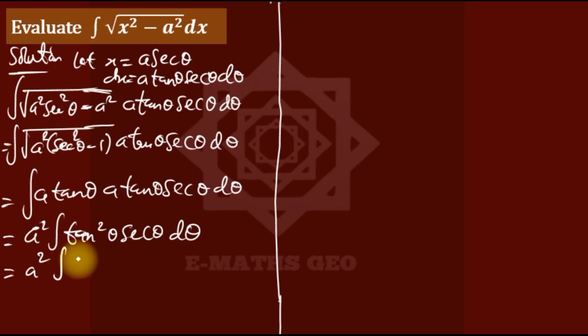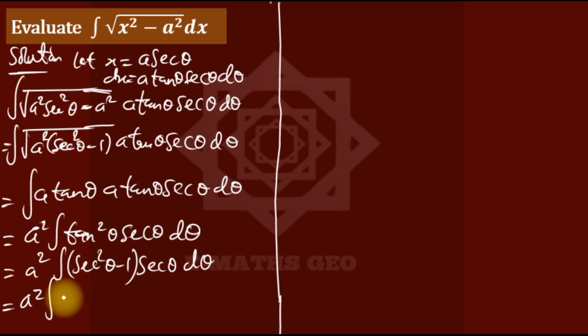So we use the Pythagorean identity again. We split this up: this is sec squared theta minus 1 times sec theta d theta, and this is equal to, opening up, sec cubed theta minus sec theta d theta.